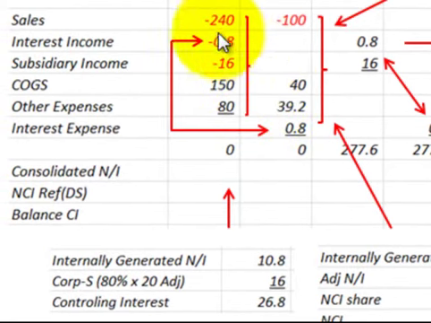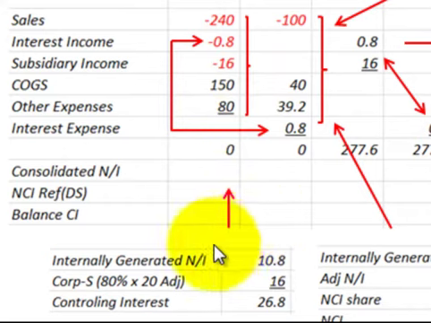Next, looking at Corporation P, the parent, they had sales of $240,000, and then they would include this interest income on that note of $800, and then they had a subsidiary income of $16,000. Then their cost of goods sold was $150,000, less the other expenses of $80,000.